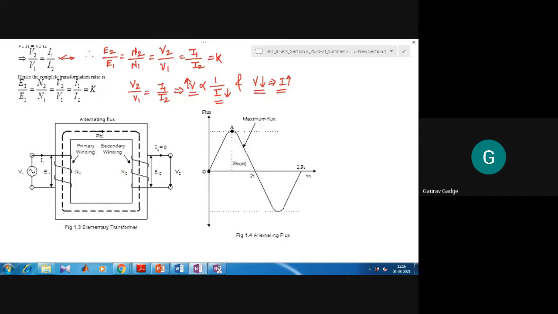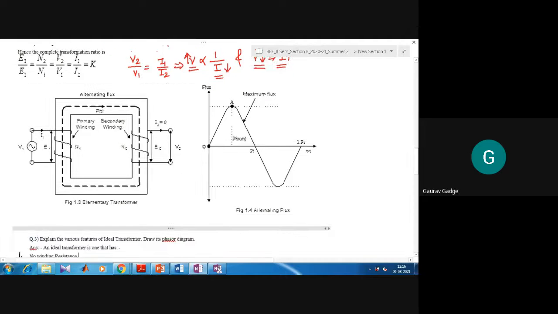Divide E2 by E1, we get V2 upon V1. Then neglect power losses, so input power is equal to output power. P1 is equal to P2. V1 I1 equal to V2 I2. And therefore V2 upon V1 is equal to I1 upon I2. And that indicates voltage is inversely proportional to the current. Increasing voltage drops the current, and decrease in voltage increases the current. Okay. So this is the brief about question 1, question 2.